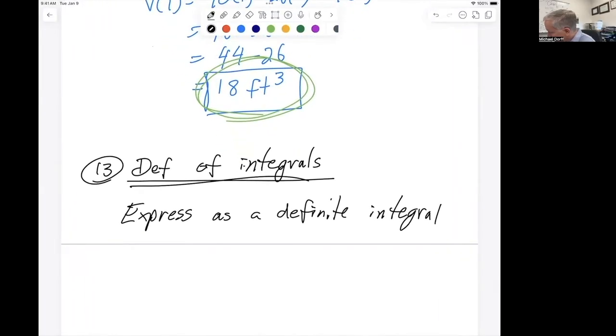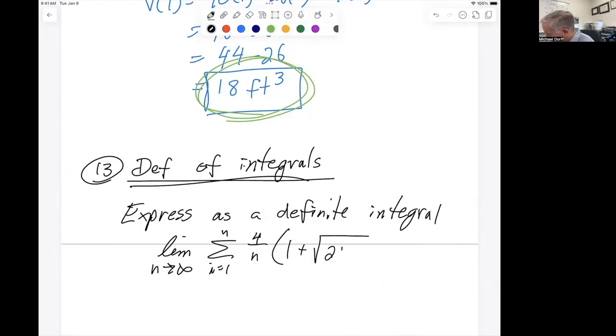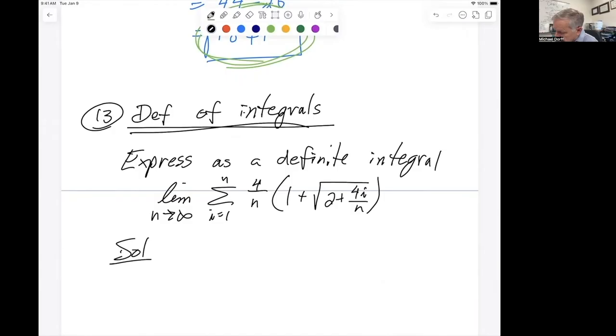And let me explain, when you're given the limit as n goes to infinity of the sum i equals 1 to n, 4 over n times 1 plus the square root of 2 plus 4i over n. Okay, so how do I do this one here? Let me look at some things here.